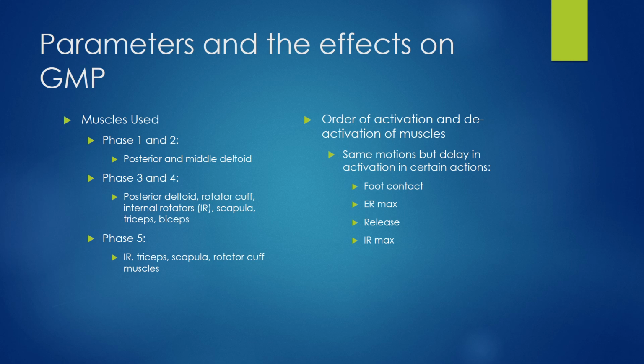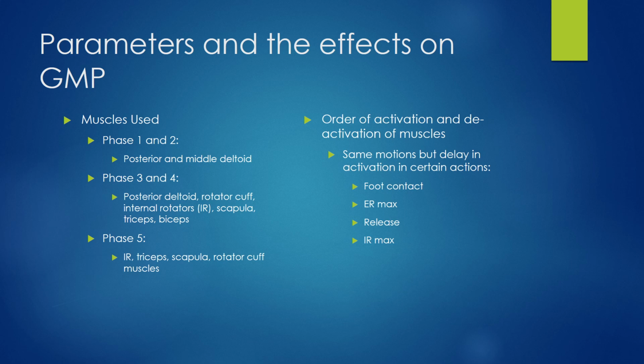For the order of activation and deactivation of muscles, if we go back to that photo that was shown on slide 3 of this presentation, you can see a better illustration of the delays and where things are happening.